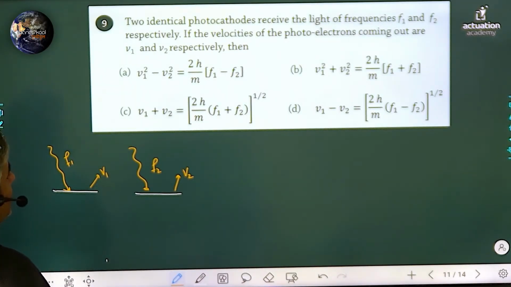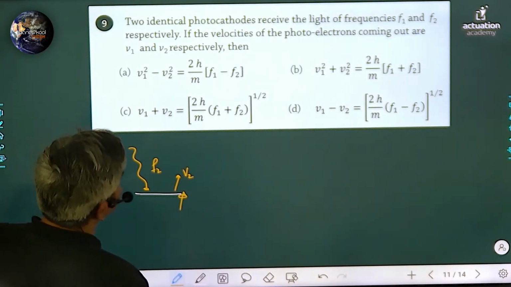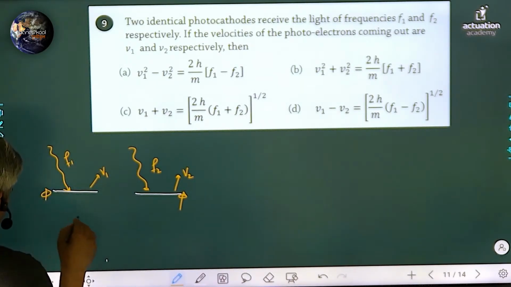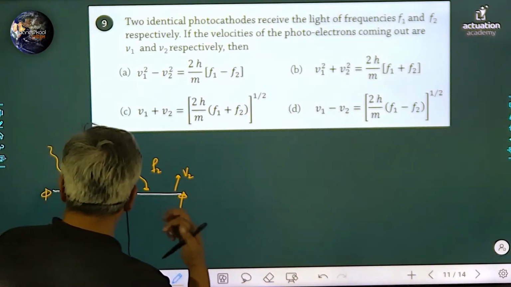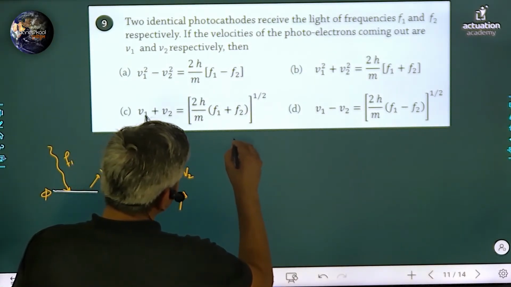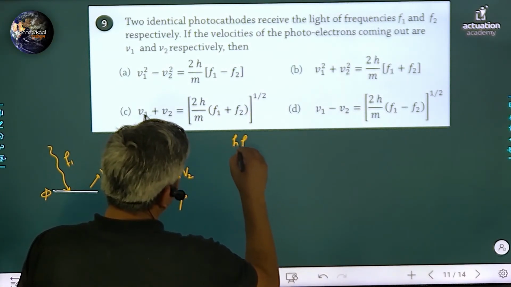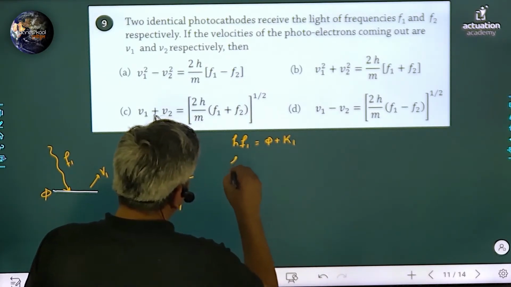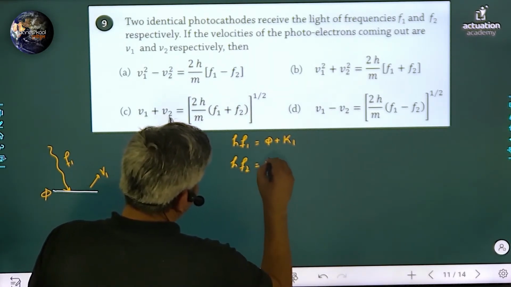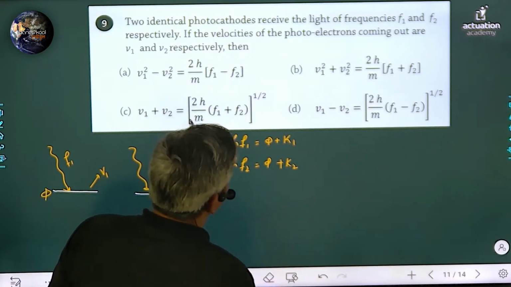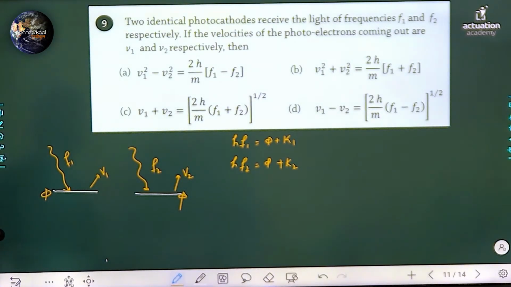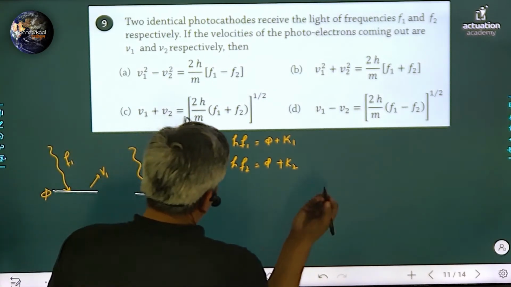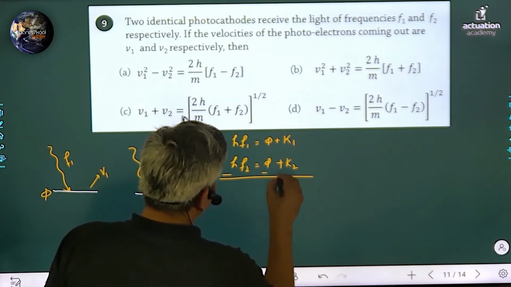Okay, two identical, this means their phi's are equal. So we can write down by using the photoelectric effect that h times f1 must be equal to phi plus k1, and h times f2 is phi plus k2. Now let's simply subtract them.